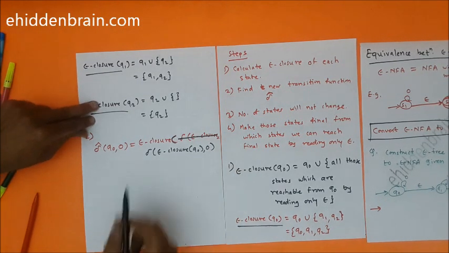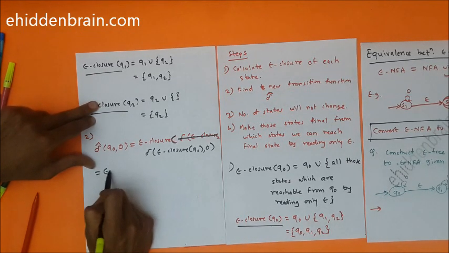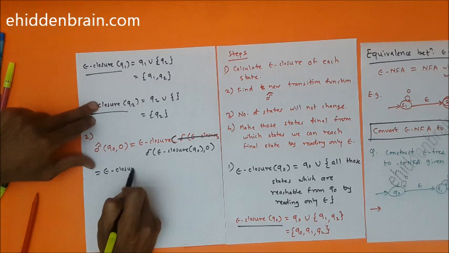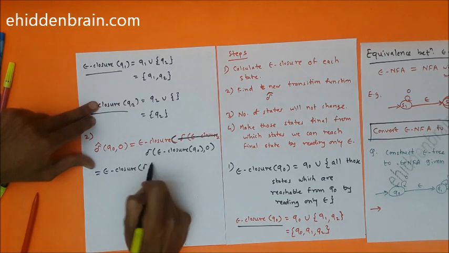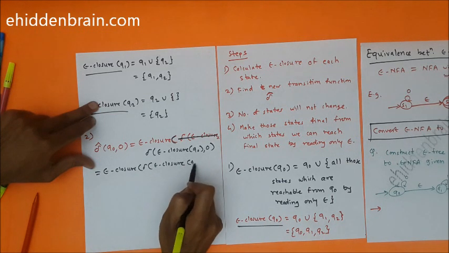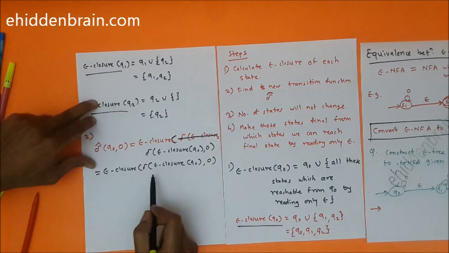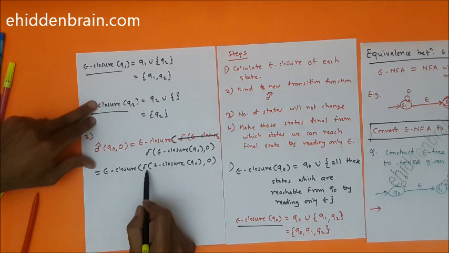I hope you understood this. What it is actually saying, I will write it again for you: delta dash of Q0 on 0 is equal to epsilon closure of delta of epsilon closure of Q0 with 0. So this is the required thing.